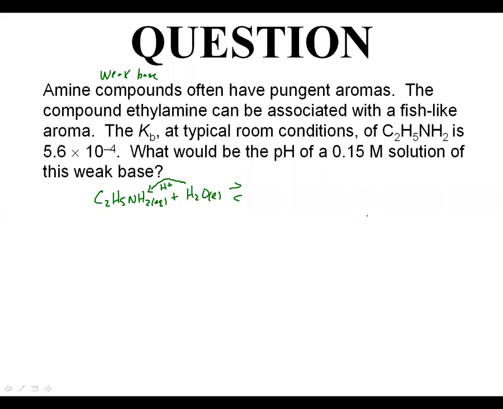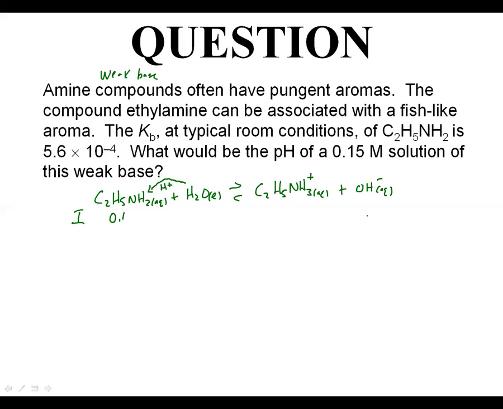And when it does so, we will get C2H5NH3 plus, and then we will get our OH minus in this case. Any questions on the reaction or how to write the reaction? So again, it's sometimes really beneficial to have the water there for the weak base.